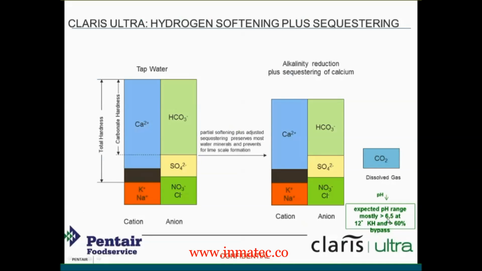So we get a pH of greater than 6.5 at a 60% bypass here. And that's due to the buffering agent that's included in this resin that prevents that pH from dropping. It's actually the buffer like Tums, but it's not part of this system. It's separate, so it's able to do its job and inhibit scale, and buffer the water from corrosion.